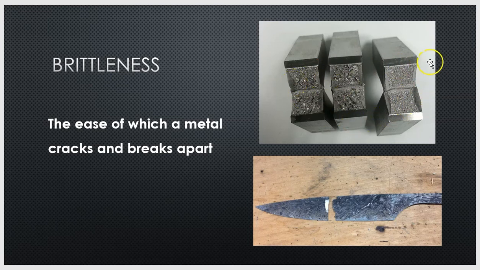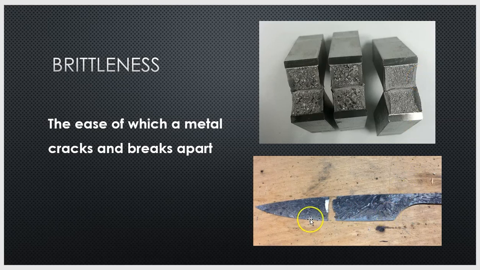These came out of what's called a Charpy V-notch test, where a little V-notch is machined into the side of these pieces of metal, and then they're smacked with a hammer, and the machine that controls the hammer records how much strength it took to break these pieces, or if it held together, how much strength the piece of metal withstood. If a piece of metal is brittle, it's going to break and crack a whole lot easier.